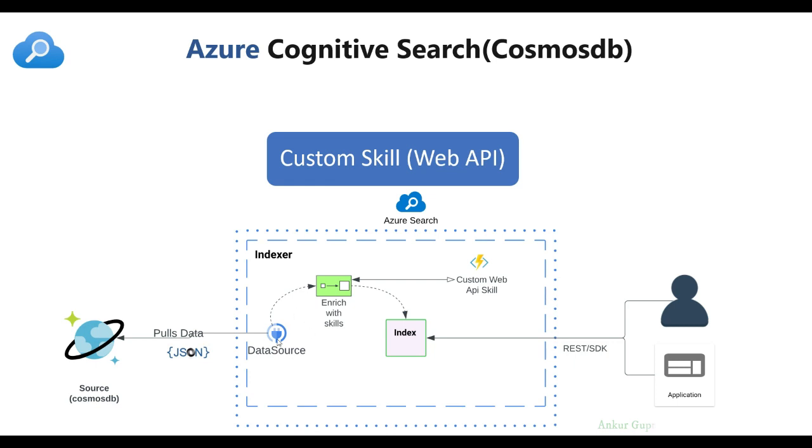And this time when we get the data from our Cosmos DB data source, we are going to process each row by sending a post call to this API or custom skill that we are going to build, and then get back the modified data and then index it.